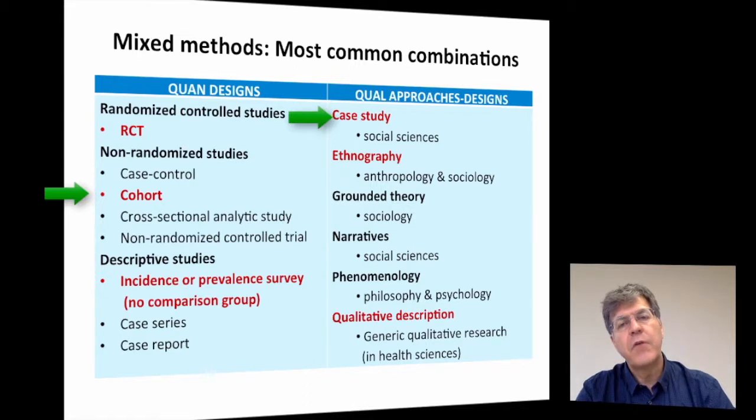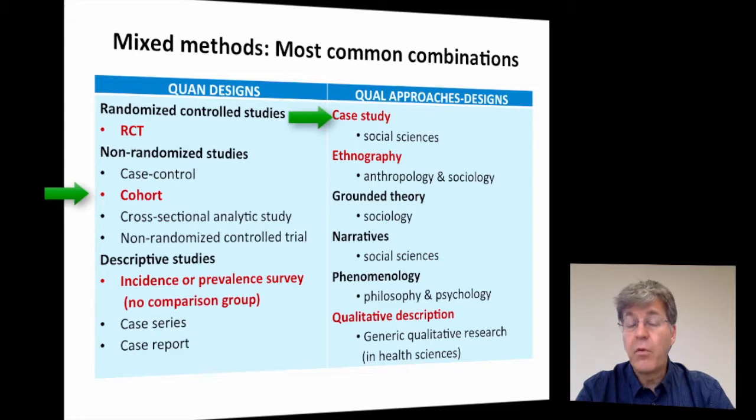So the case study may actually help the researchers to better understand, for exposed and non-exposed, what are the social mechanisms associated with exposure, non-exposure, barriers, facilitators, etc., from the perspective of the participants in the cohort studies.